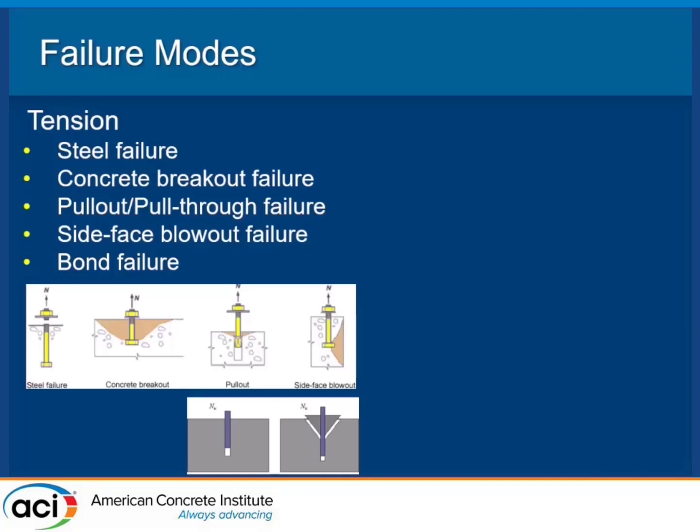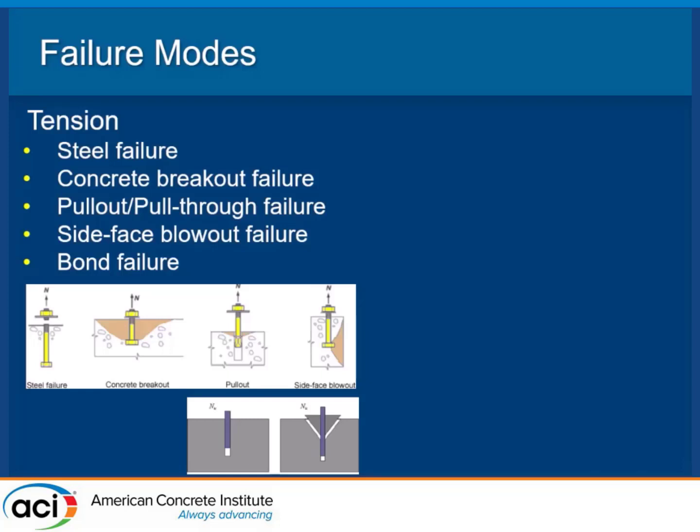So now we're kind of getting away from how 318 works, where we do the beam, we do our design, we make sure it's safe, it exceeds the loading, and then we put our reinforcement in very particular ways, but we don't really have a checkbox, like in steel, where I've got to address this mode of failure, that mode of failure. Well, this is much more in that type of design way of thinking. So we'll be checking steel, concrete breakout, pullout, side-face blowout, and bond failure.